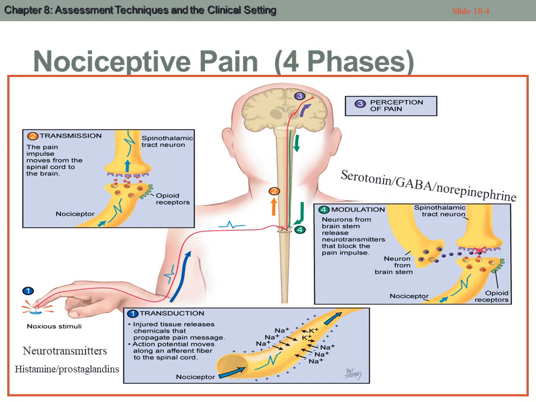And then the final phase would be modulation. So once our brain perceives it, then something is going to happen at that point. Our body is again going to, so that signal is coming back down from the cerebral cortex. So our body is going to try to mitigate that pain. So it's going to modulate the pain.